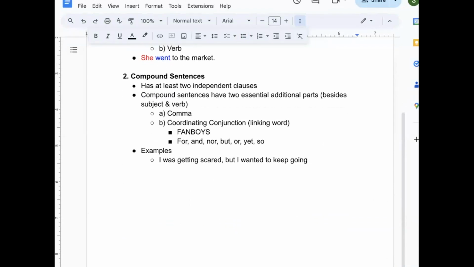Okay, so the last one here we have is a complex sentence. Anybody know anything about the complex sentence related to clauses? What kind of clause does a complex sentence have? Any ideas?